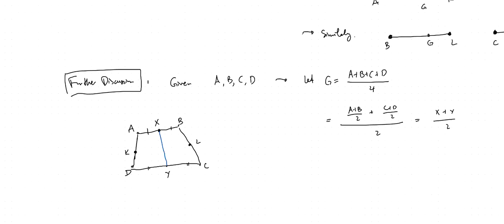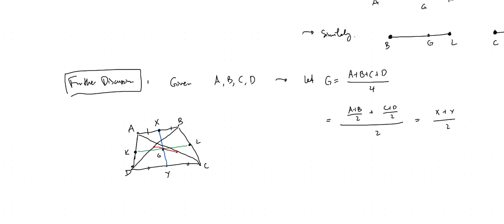Let's do this one in green. And we can also do the third one, which is the midpoint of AC and the midpoint of BD. As I said, how the points are situated doesn't matter at all. So the midpoints of these are like that. All of them must have this common midpoint.